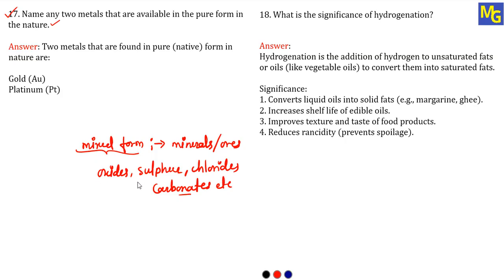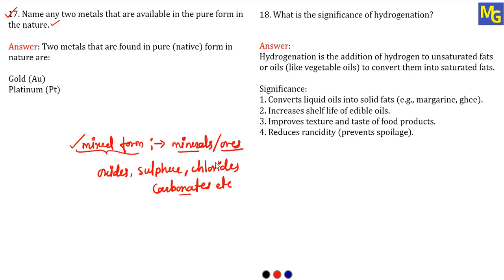If you say zinc, you may get zinc sulfide, or if it is copper, copper sulfide. So whatever maximum metals we get in nature, we get in the mixed form, that is in the form of minerals or ores. Then we have to purify it by applying the process called metallurgy.